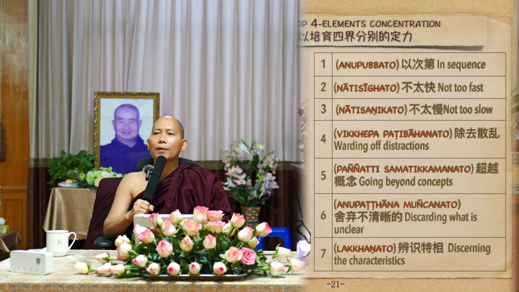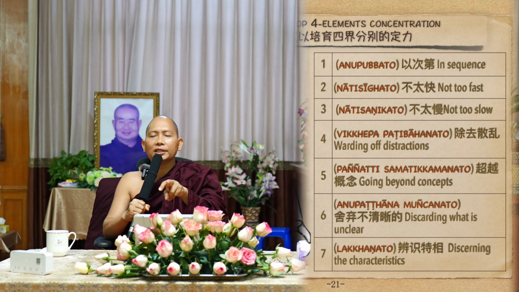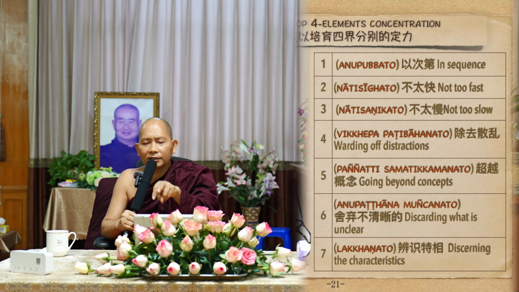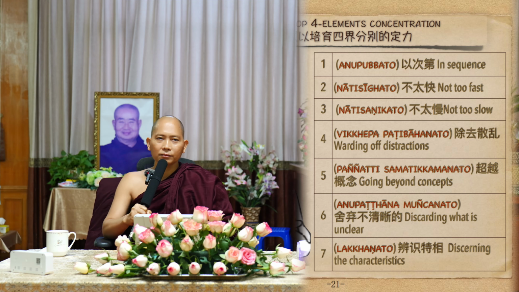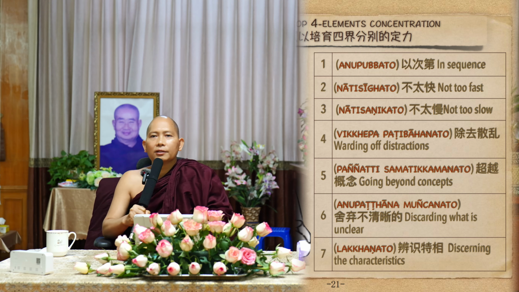Apo Dhatu Paggharana Lakkhana: cohesion or flowing is the characteristic of the water element. Just pay attention to flowing only, cohesion only. Tejo Dhatu Unhatta Lakkhana: heat is the characteristic of Tejo Dhatu. Just pay attention to heat only. In this way. Vayo Dhatu Vitthambhana Lakkhana: supporting is the characteristic of the air element. Just pay attention to supporting only.